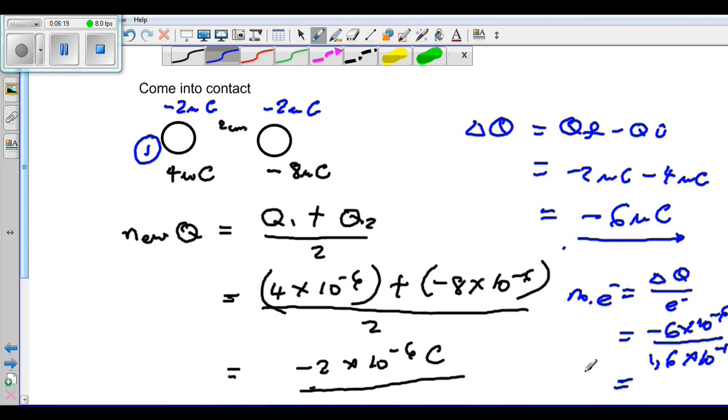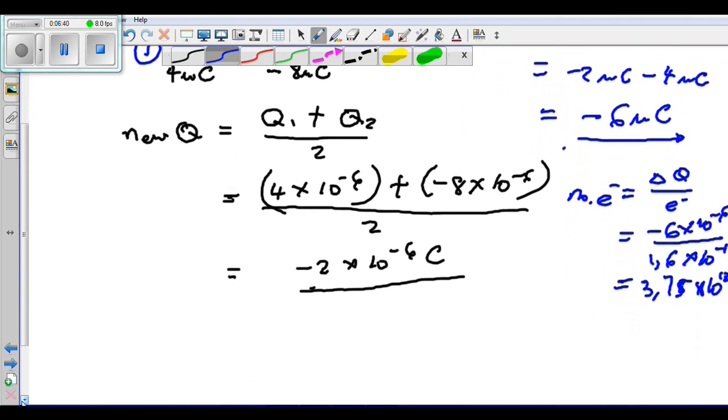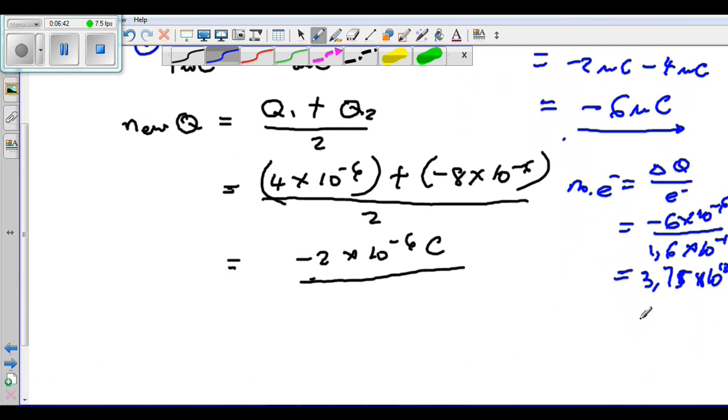Using the calculator, we get an answer of 3,75 times 10 to the power 13 electrons, and that will be transferred from the one sphere to the other.